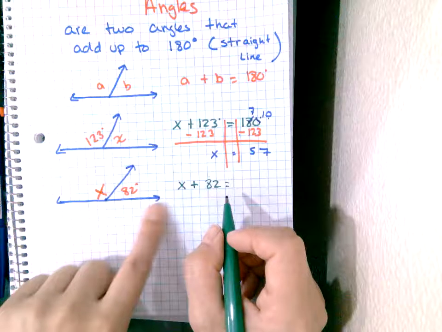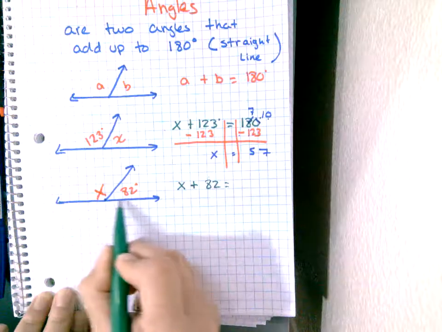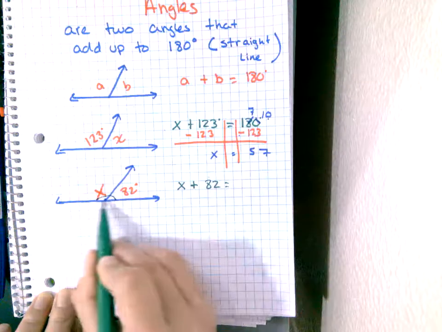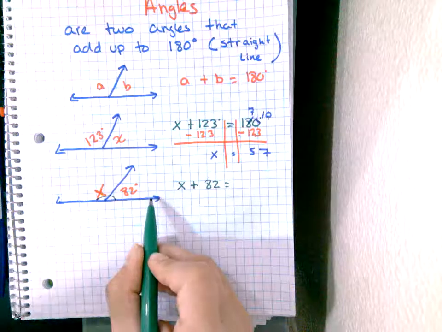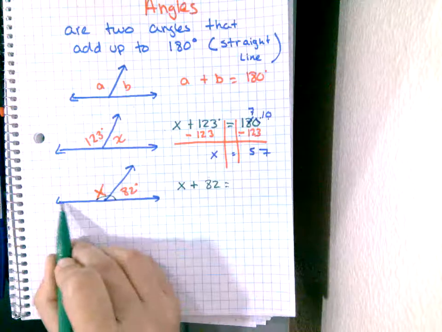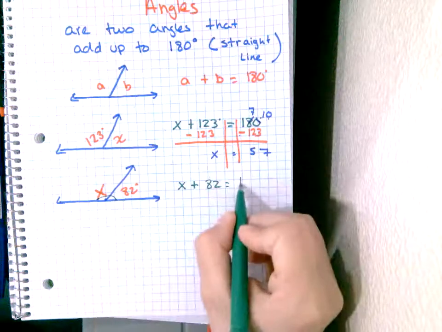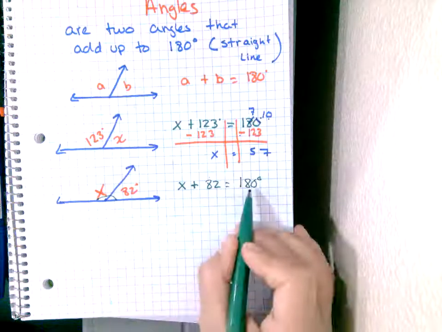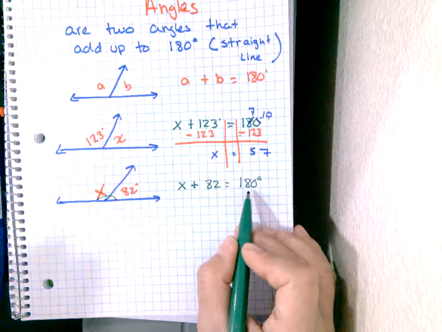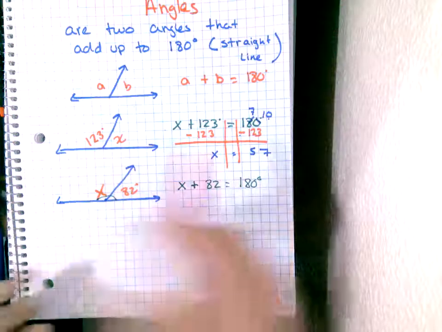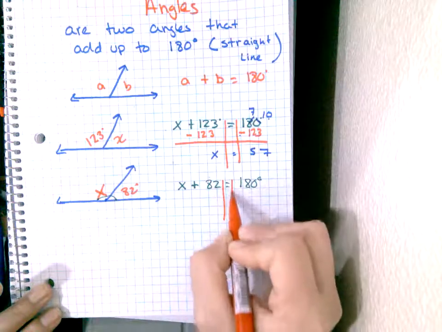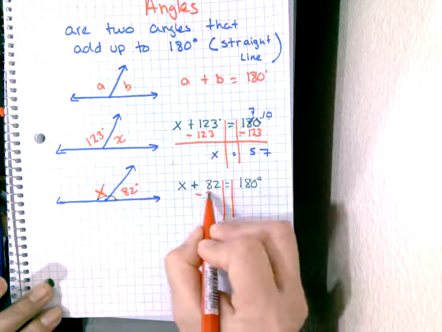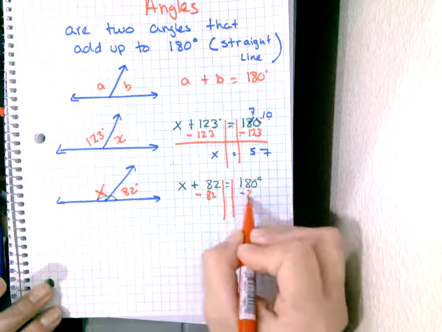Hopefully you realize, oh, look, here's a straight line. Both of these together make a straight line. And I can look back at my notes and realize that when it's a straight line, it equals 180 degrees. Okay? Not 90. 90 was yesterday. Today it's 180. We're going to draw our bars. We're going to subtract 82, subtract 82.